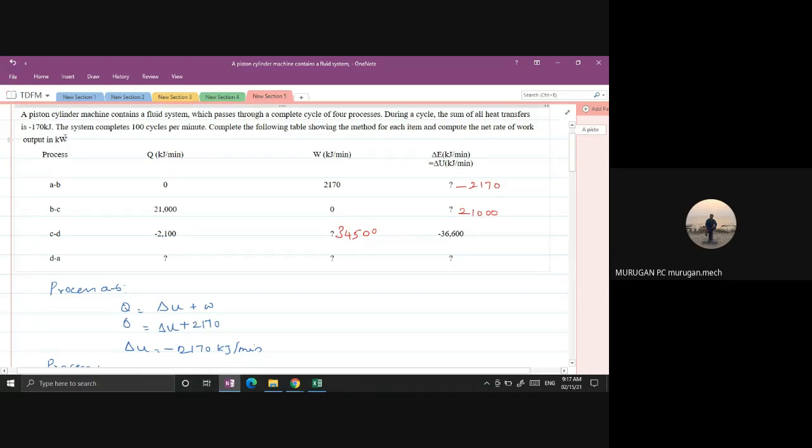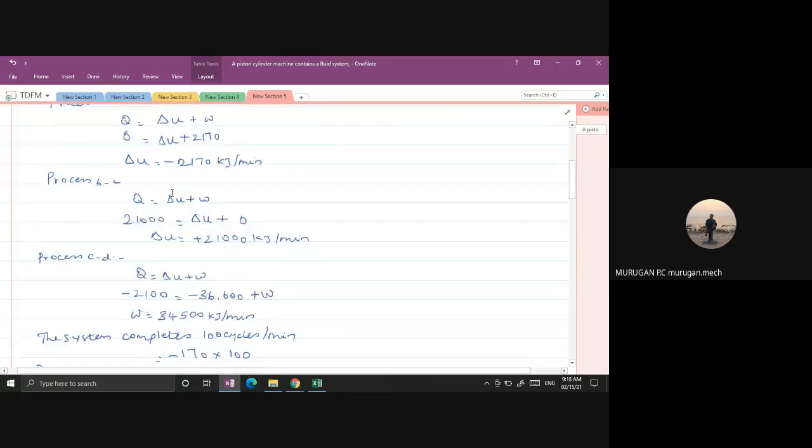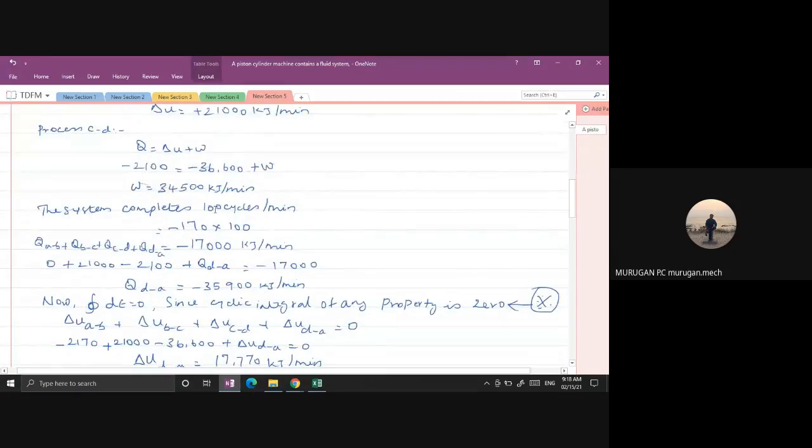When we add all of them, we will be getting minus 170 kilojoule. The system completes 100 cycles per minute. That is a very important term.